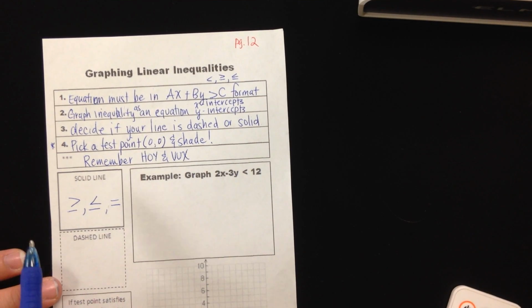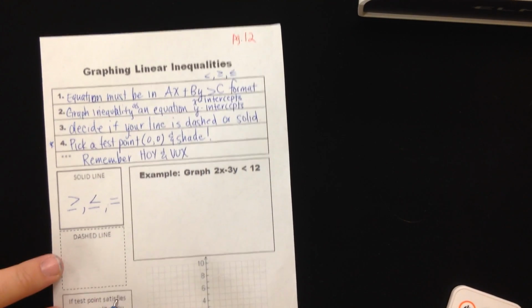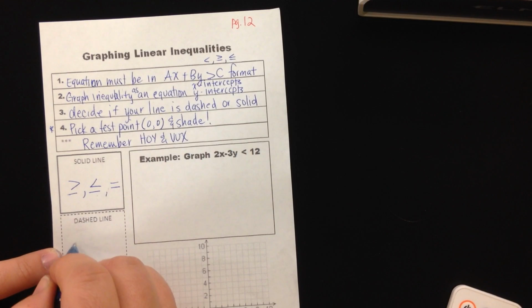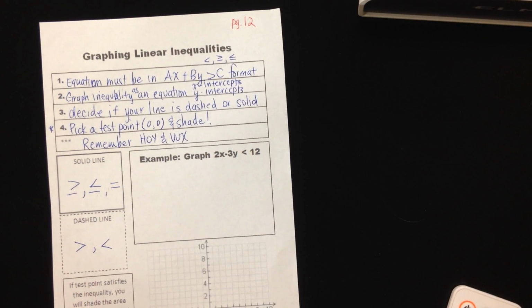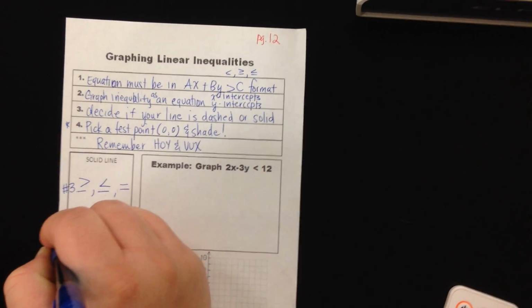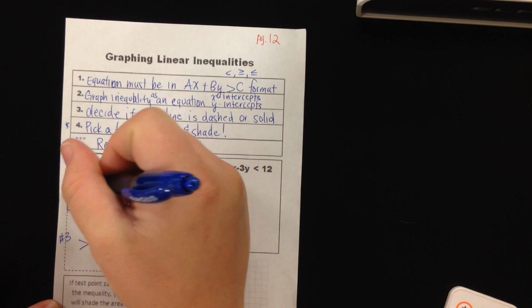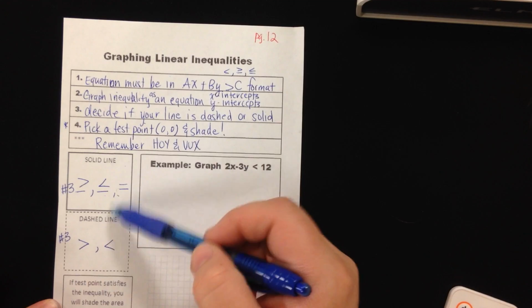When you are connecting your intercepts, if those 3 signs are in your equation or inequality, your line will be solid. Okay? Dashed lines are for those non-inclusive inequalities, so greater than or less than. And what I did on the last class is I put number 3 out here to remind you that at step 3, this is what will determine whether you have a solid or dashed line.